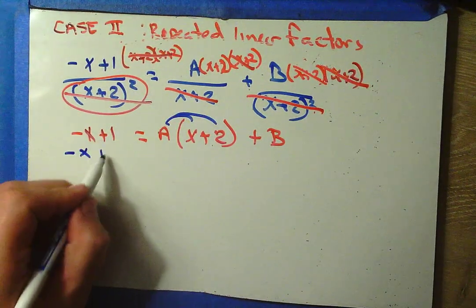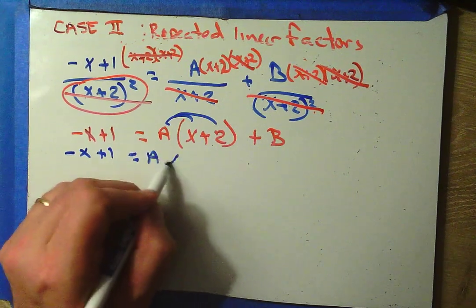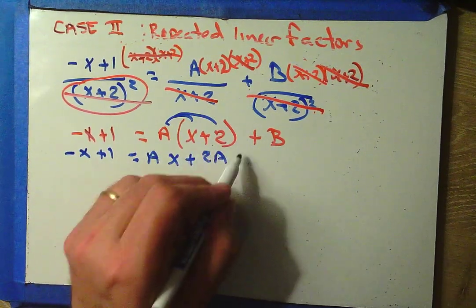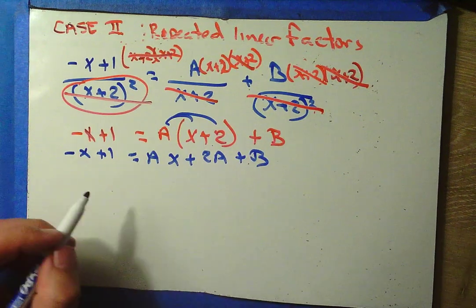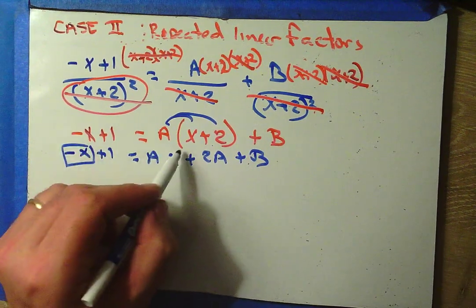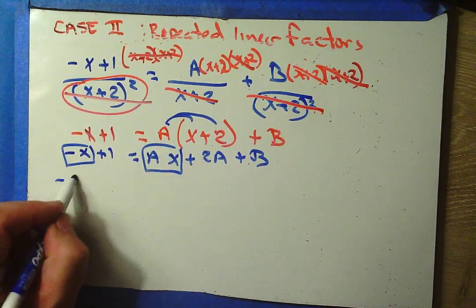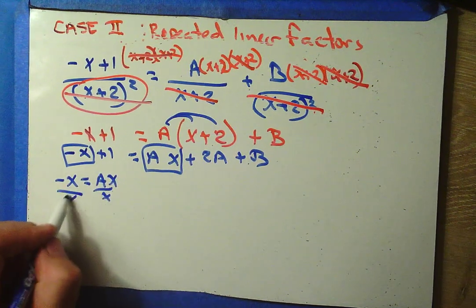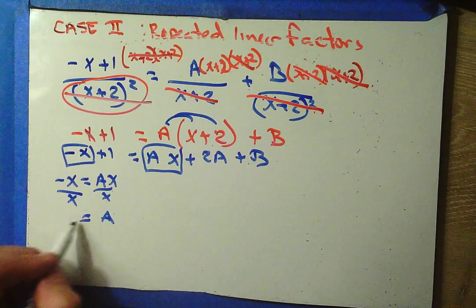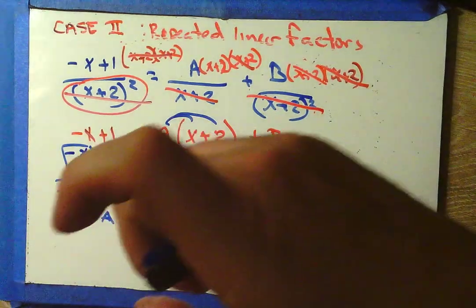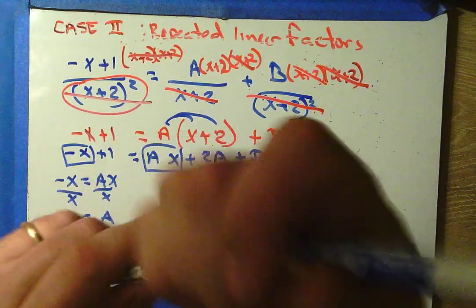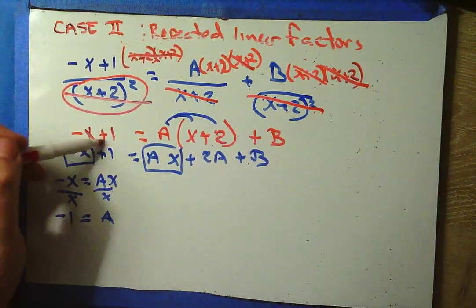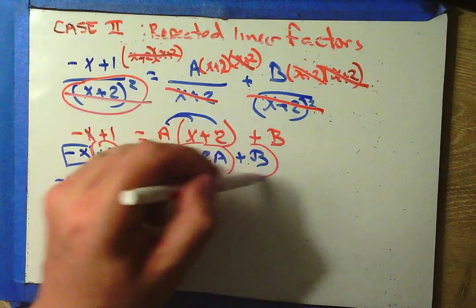So we have negative x plus 1 equals ax plus 2a plus b. And then I'm going to group the same things together. So I get negative x equals ax. If I divide both sides by x, I get a equals negative 1. And now I'm going to take the things that don't have an x and group them together.